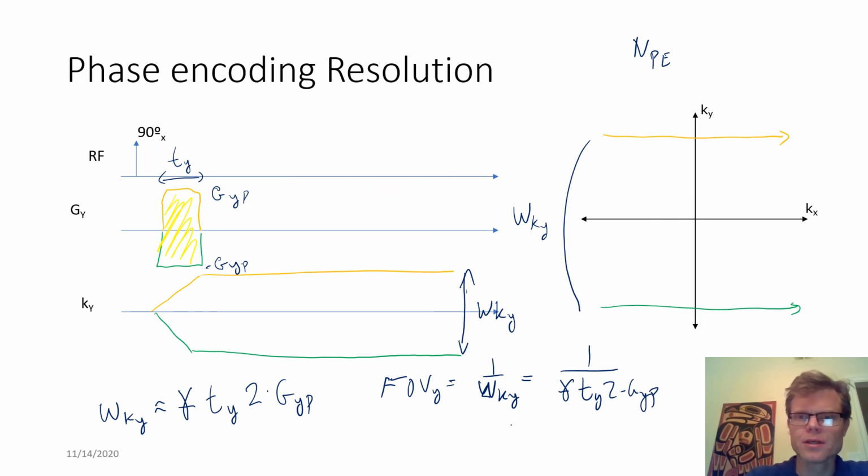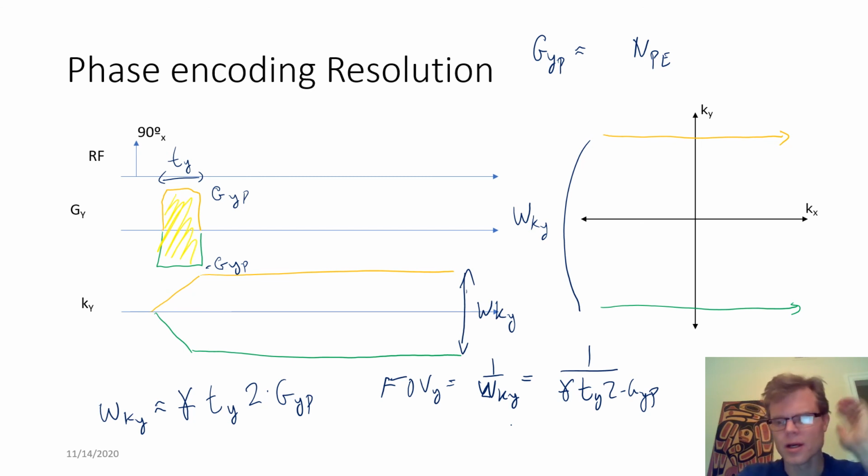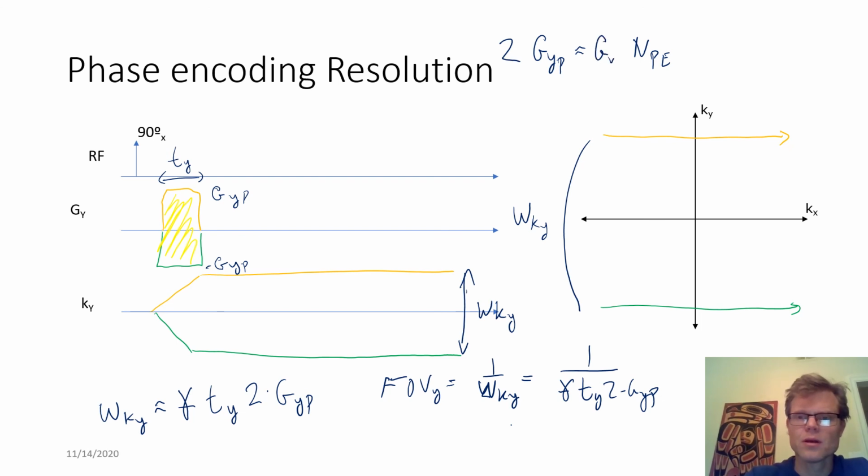This means that GYP, and again, it's approximate here, there's a factor of 1/2 or 1 that needs to come in here. For large, several hundred phase encodes, this doesn't make much difference. But 2 times the GY peak is going to be the GY increment that we defined before.